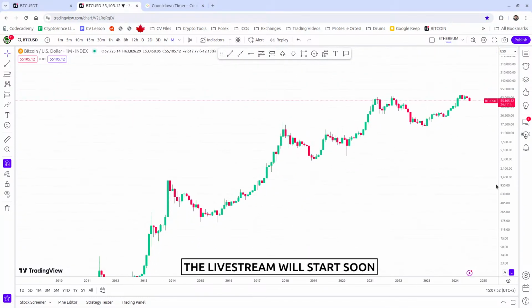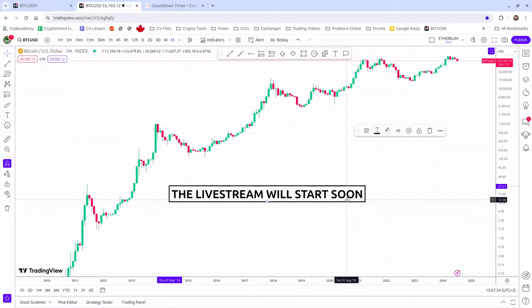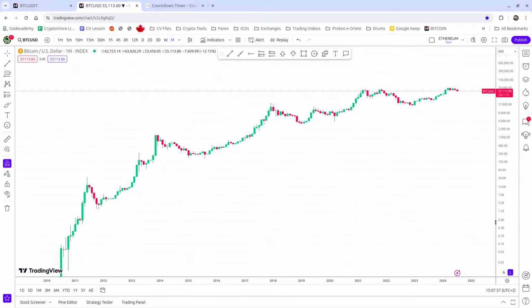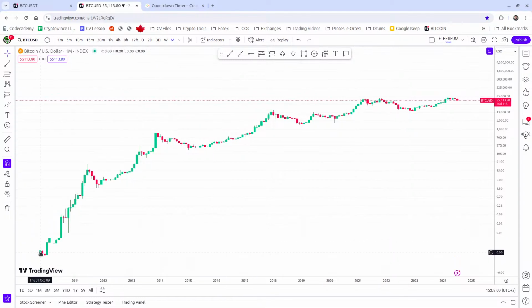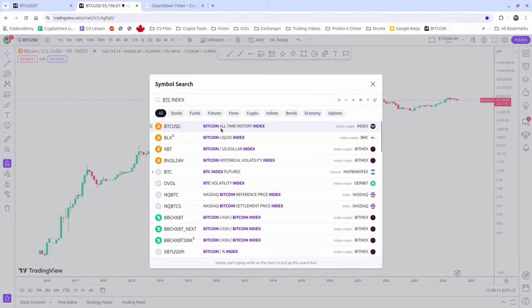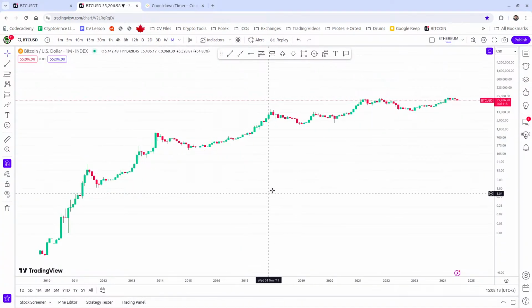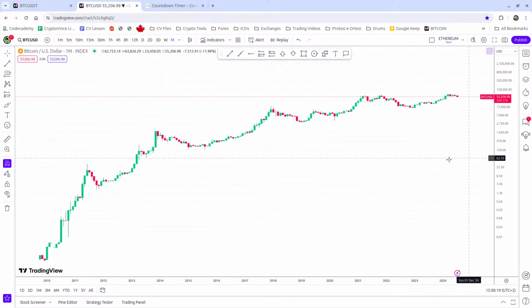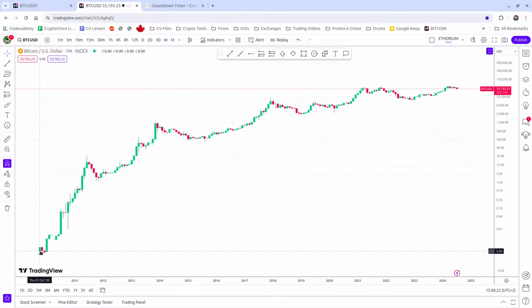It shows you Bitcoin from 2009 all the way up to today. In order to find this chart, you have to type BTC index, and you can see here Bitcoin all-time history index. That's what I'm looking at now. It's amazing to watch. Look at what this thing did, since it was lower than 1 cent when it was first traded.